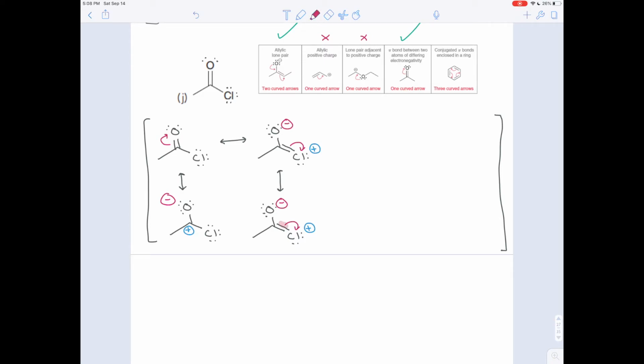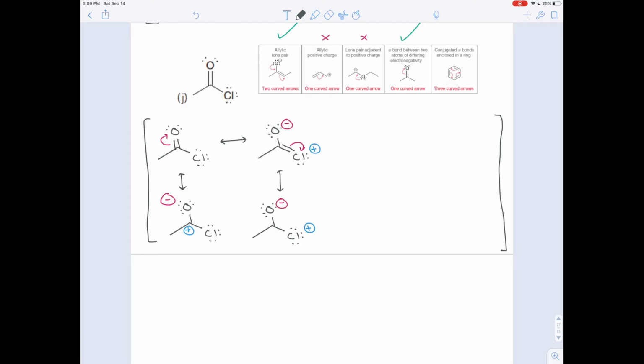Now anywhere where you have the tail of a curved arrow, that's a place where electrons are going to be moving away from, so you erase those. Anywhere where you have the head of a curved arrow is a place where electrons are arriving, so you'll draw those in. If the head of the curved arrow is pointing at an atom, then you draw the electrons as a lone pair.